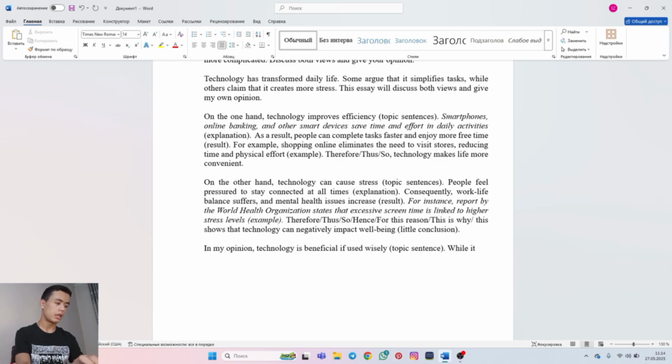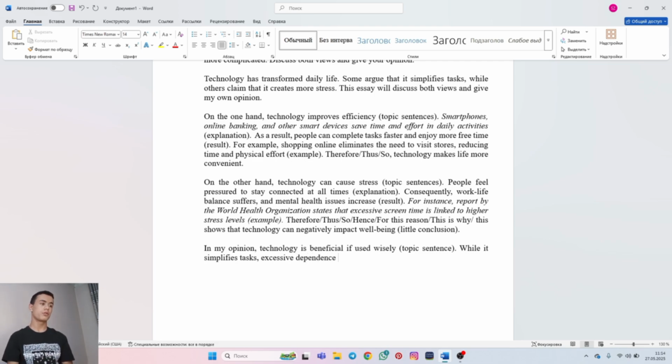While it simplifies tasks, excessive dependence, we are about to paraphrase the word like excessive screen time. Instead of excessive screen time, we are about to give excessive dependence on technology, or on it, can be harmful.